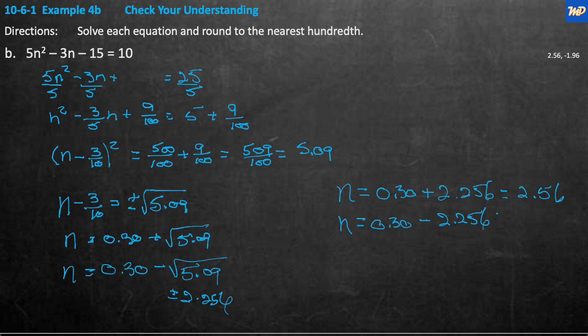And then for the next term, with the negative 2.256, I'm going to subtract 3/10 from it, and we're going to end up with negative 2.256 minus 0.3, which is equal to negative 1.96. And there's our solution. N is equal to 2.56, or N is equal to minus 1.96 rather.